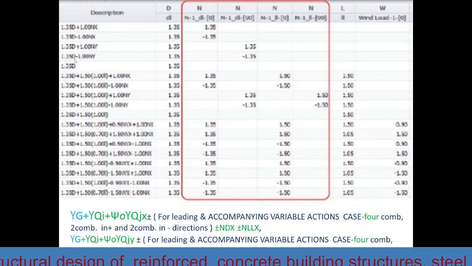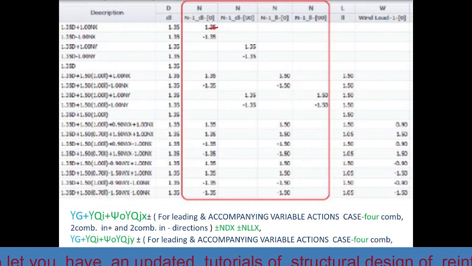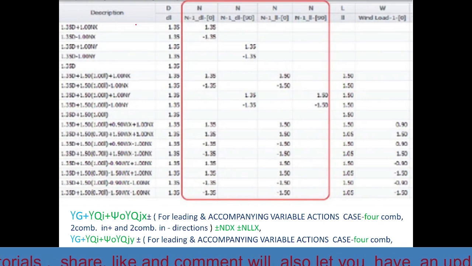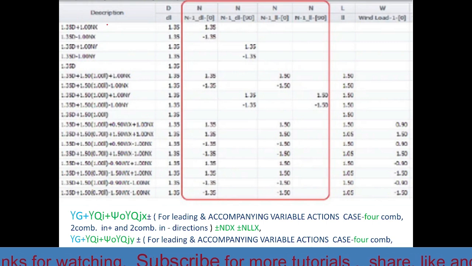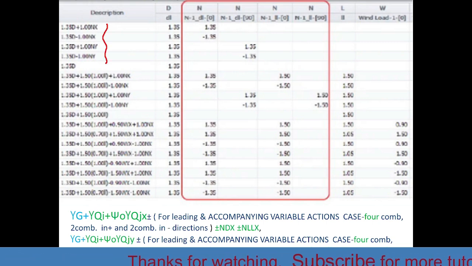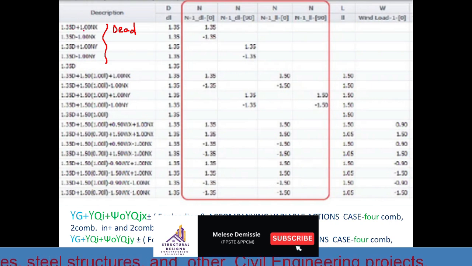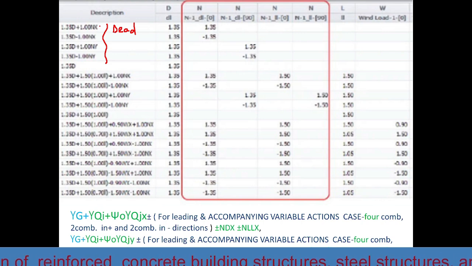Here we have the dead load combination. All those are dead load combinations, meaning 1.35 dead load plus notional load in x direction.